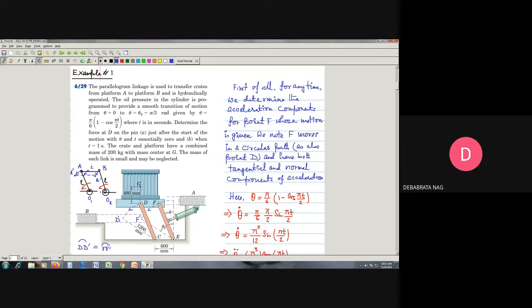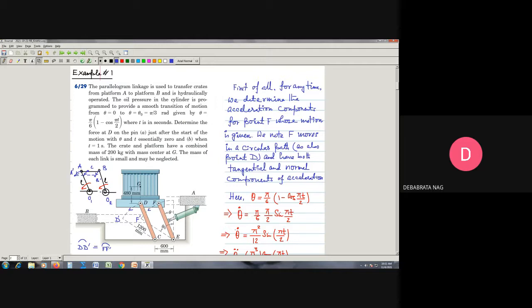So we see how we can find out these acceleration components. We note that the point F will be moving along a circular path for which the center of rotation will be our point T, and this 1200 millimeter will be the radius of our rotation. First we see that this equation, theta as a function of time, is specified here. So we can differentiate this equation with respect to time twice to find out the angular velocity and the angular acceleration.